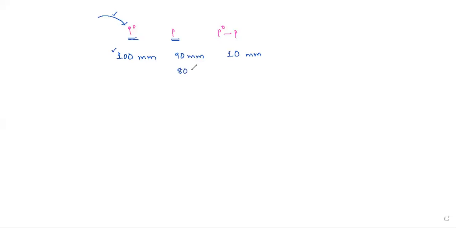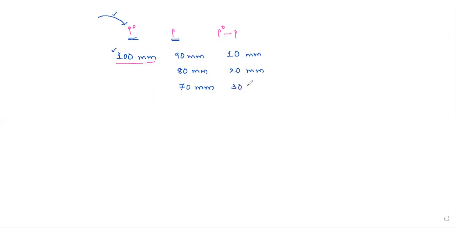Go on adding some more solute. Say the vapor pressure of the solution has now become 80. Now, what is the decrease in the vapor pressure of the pure solvent? It has decreased by 20 mm. Add some more solute. Vapor pressure of the solution, let us say, decreases to 70.